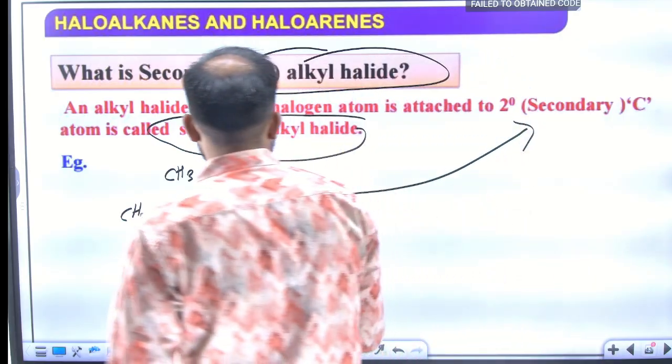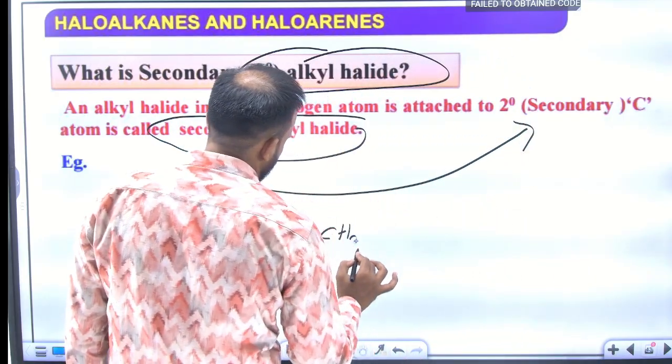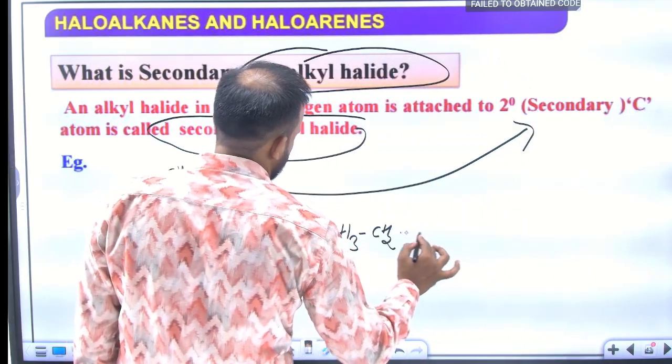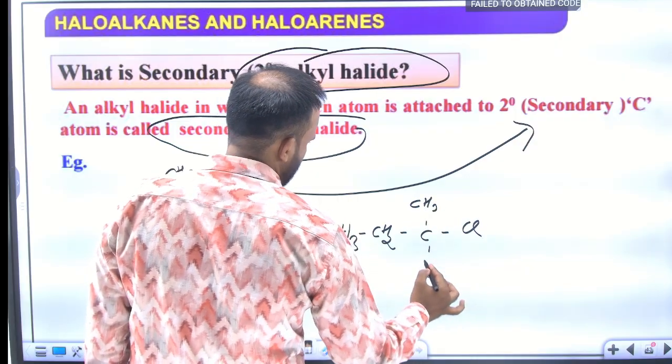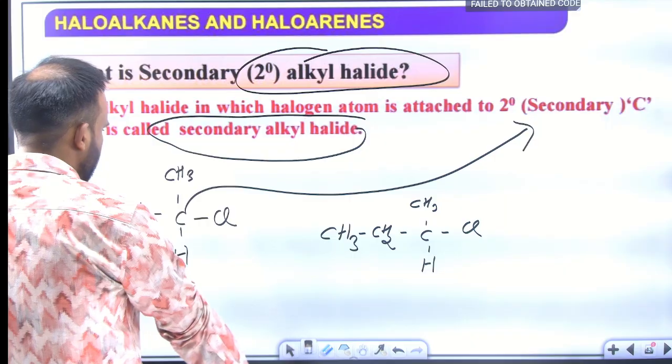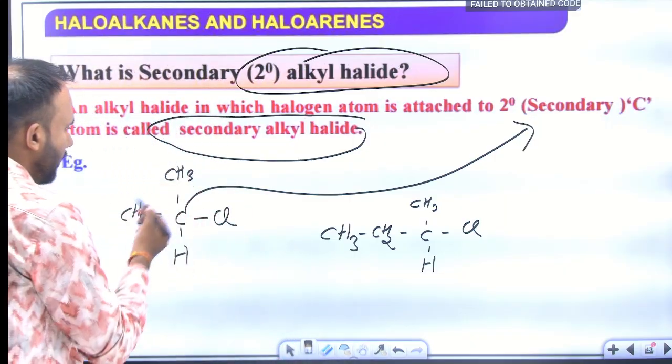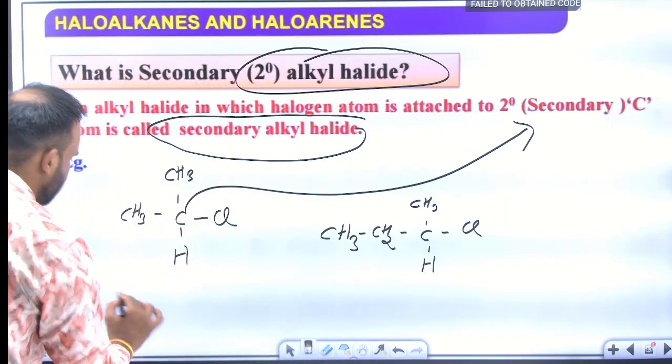You can take some more examples like CH3, CH2, C, CH3, Cl. Here is a hydrogen. Okay. If you want to name this one, what will be the name?